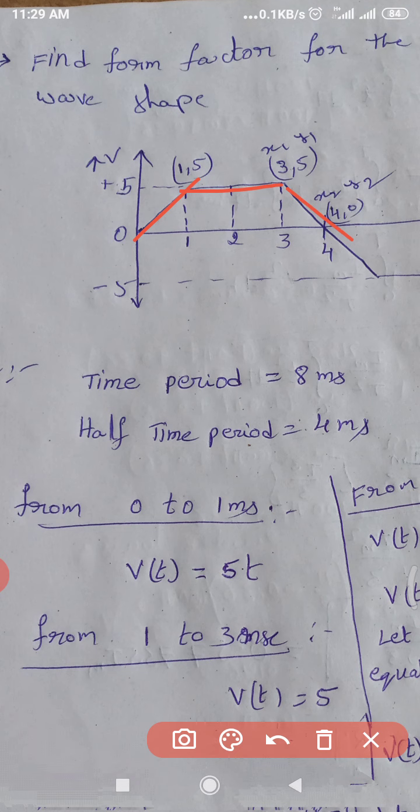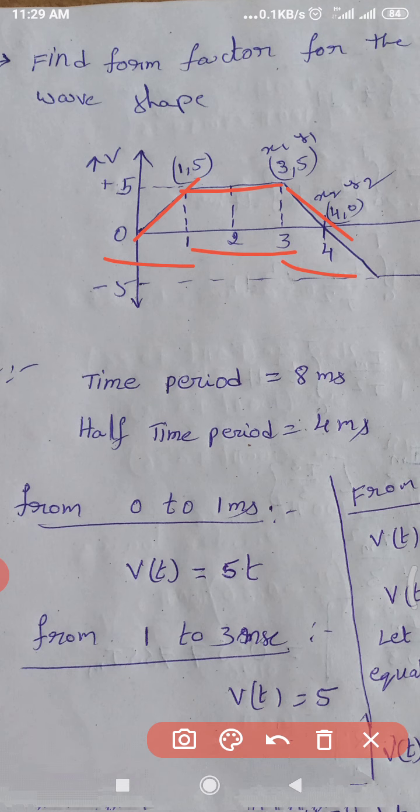So this type of problem we have to solve by taking the shape with respect to time. That means we have to find the wave equation for 0 to 1. After that we have to find the wave equation for 1 to 3. After that we have to calculate the wave equation for 3 to 4. Okay, so totally 3 shapes are available. So let us see how to find out these values.